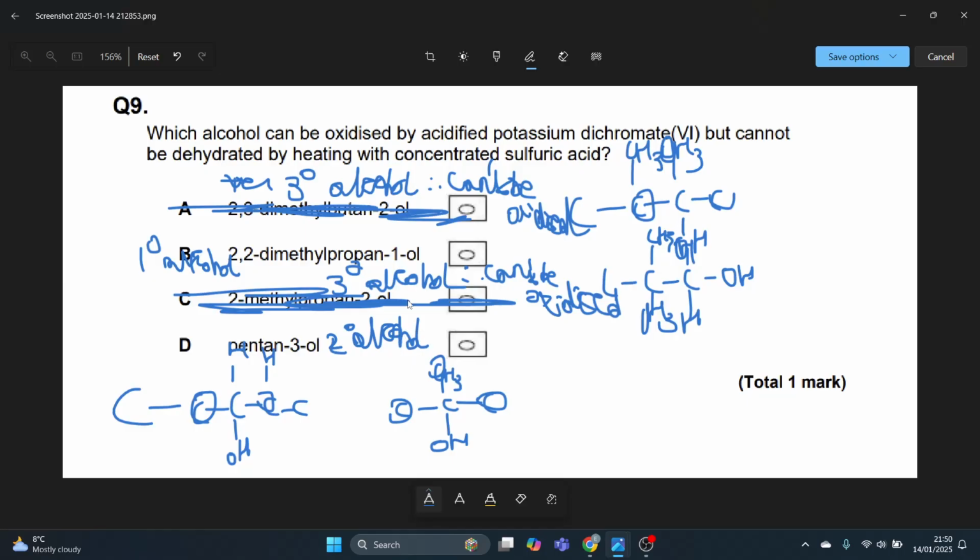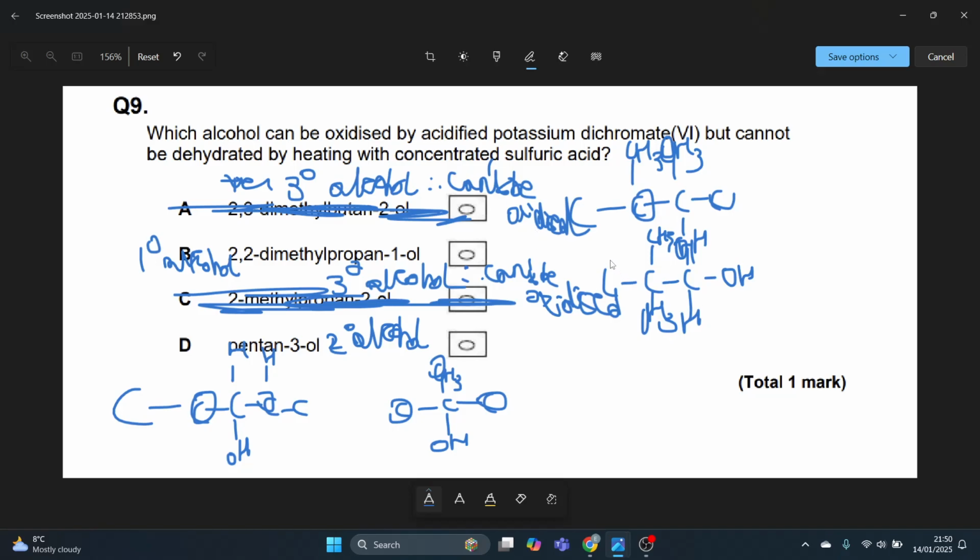But it says which one can be oxidized but cannot be dehydrated. But dehydrated, if you think about it, primary alcohol but cannot be dehydrated by heating with concentrated sulfuric acid.